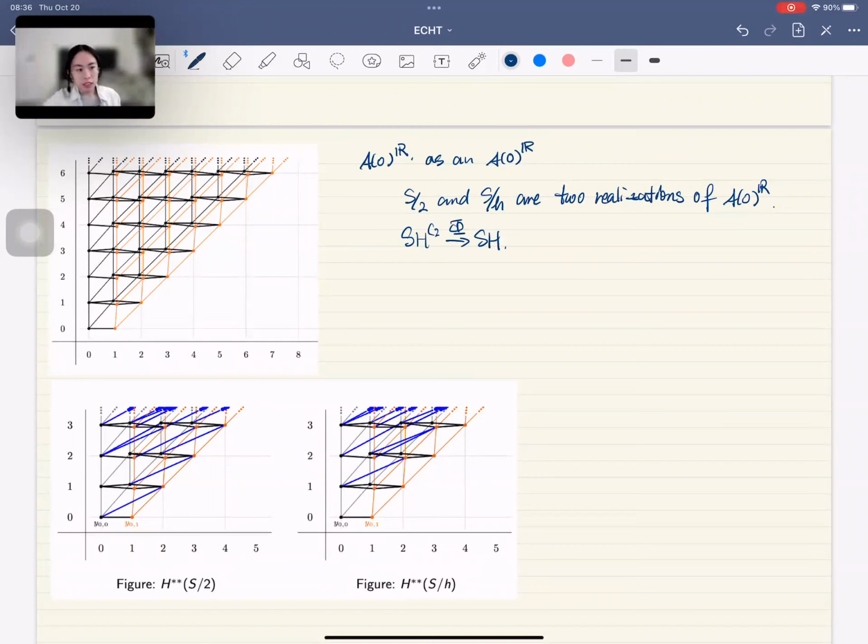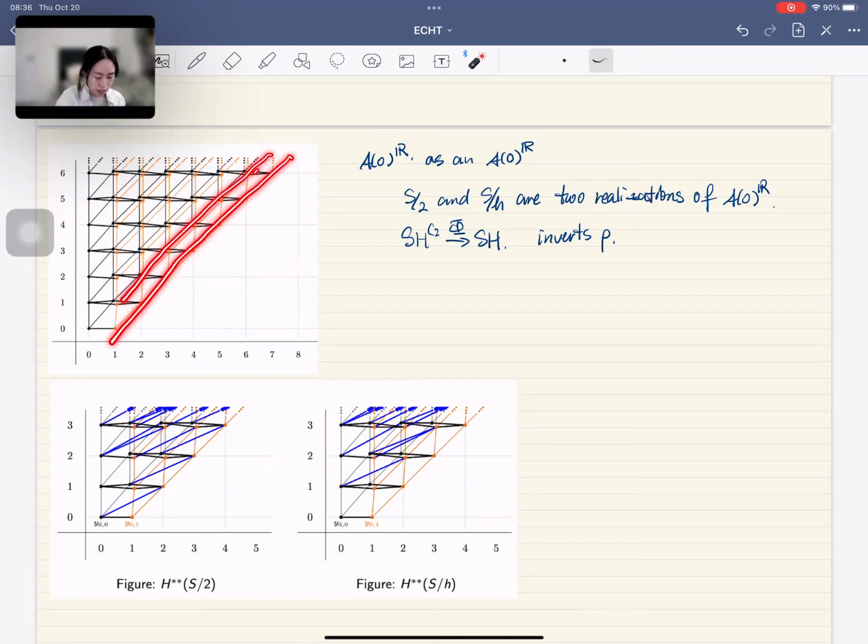And what it does on coefficients is inverting rho. So roughly speaking, it is reducing every diagonal line to one class.